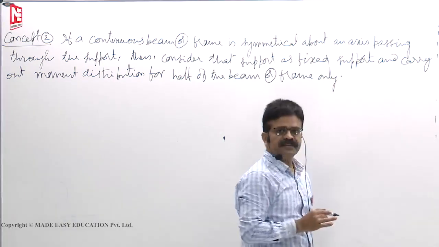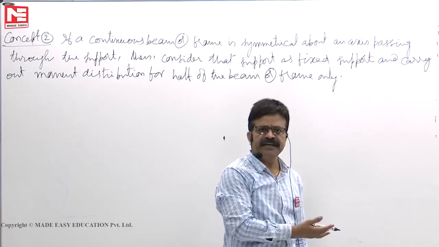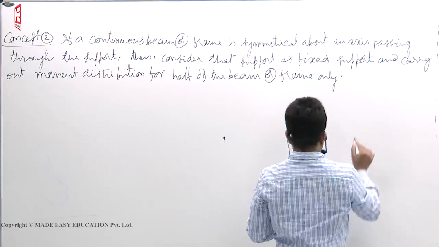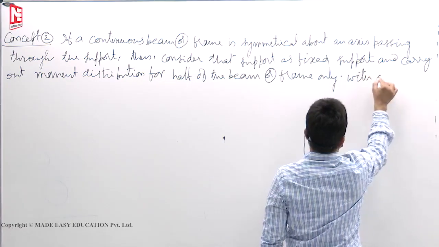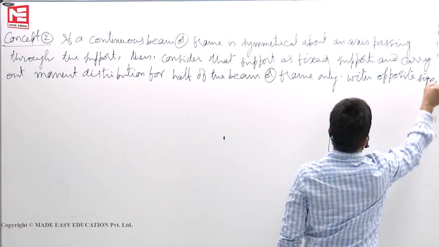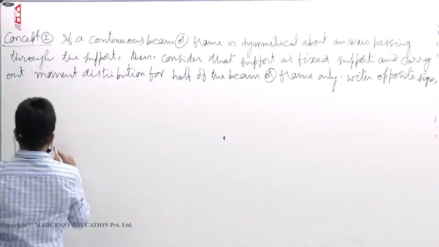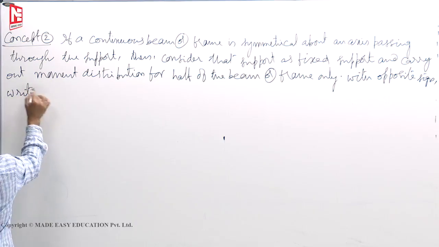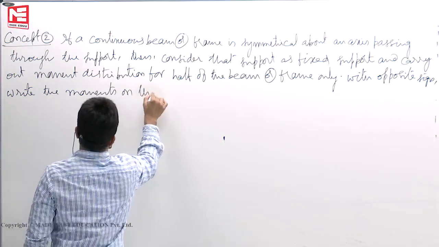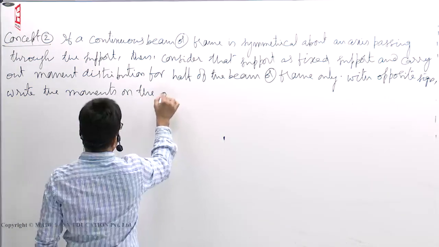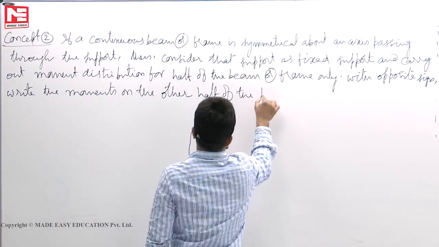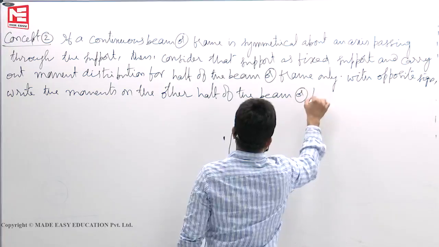No question of changing the relative stiffnesses, because you didn't change the length, you didn't disturb any deflection profile at all. Okay, with opposite sign, write the moments on the other half of the beam or frame.